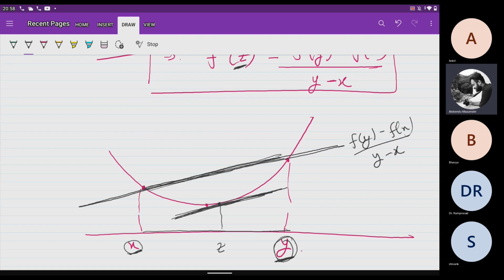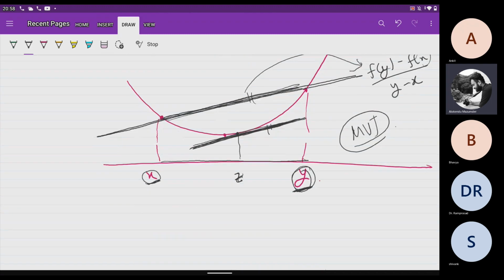Gradient is nothing but slope. This is what the mean value theorem says.